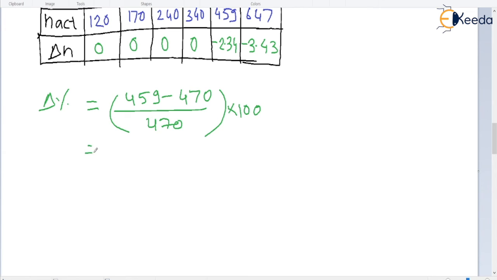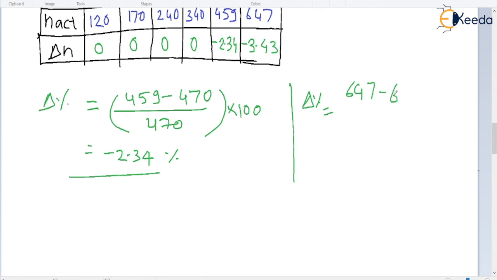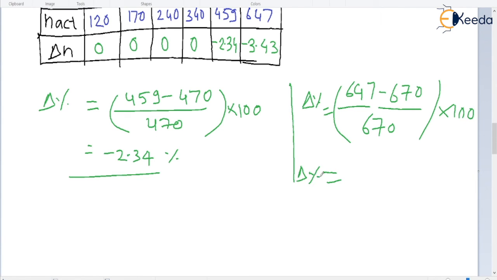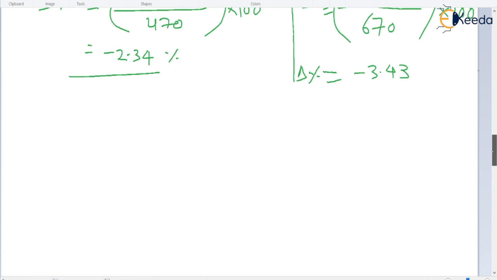So for 459 we get minus 2.34 percent. Similarly for 647 minus 670 divided by 670 into 100, delta percentage is minus 3.43, that we have already written. Now we got the deviation here.